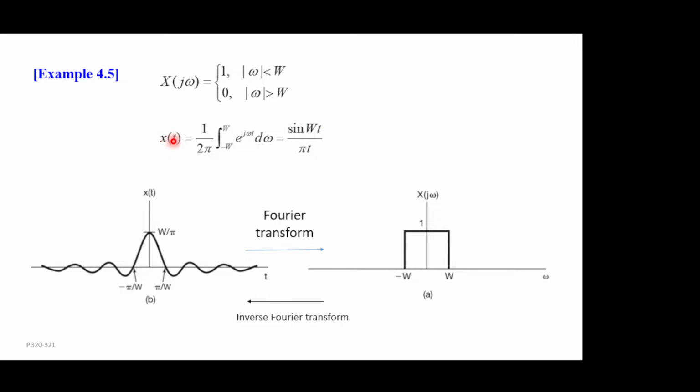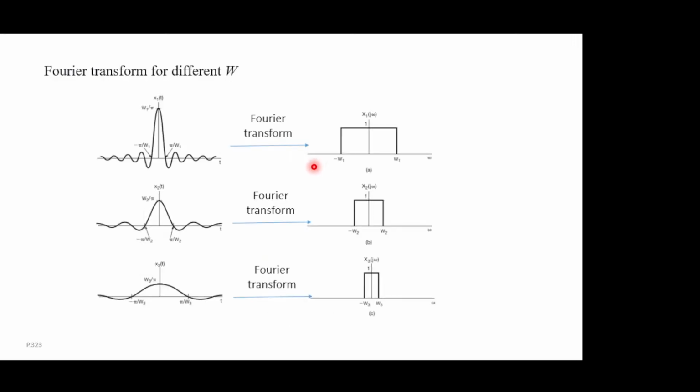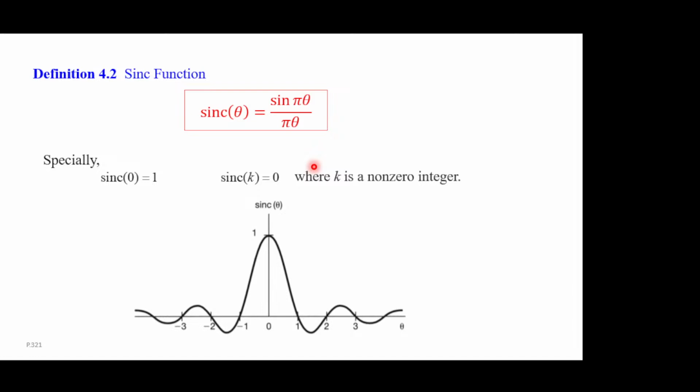So this is not sinc of t, you need to change your t a little bit, so this is actually sine pi t here, etc. But anyway, this is the sinc function, it's very nice. And when you plot the sinc function, because we have pi here, all the zero points, the roots of the function, will be nicely at the integers. Because at an integer you have sine k pi, and sine k pi is 0.